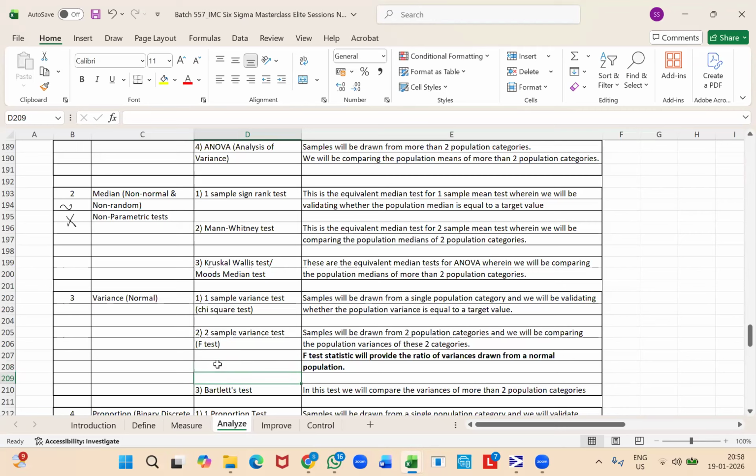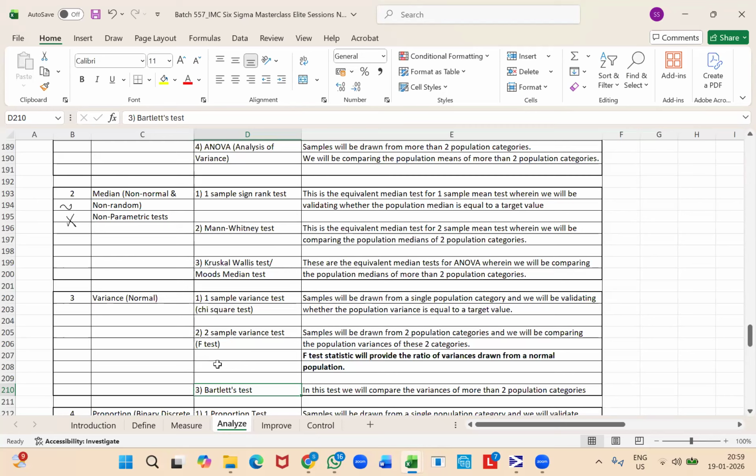And then finally, we have Bartlett's test under variance. This Bartlett's test is similar to ANOVA and the Kruskal-Wallis test, wherein we would compare the population variances of more than two population categories. If we had only two population categories given in the case scenario, and we want to compare their population variances, then we would perform the two sample variance test.